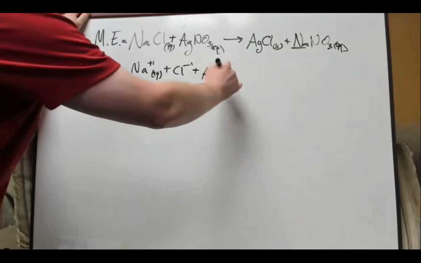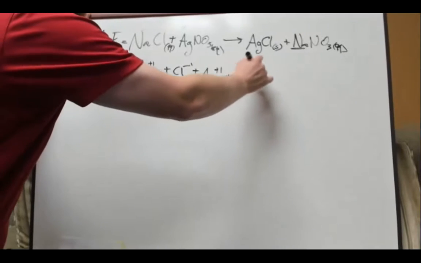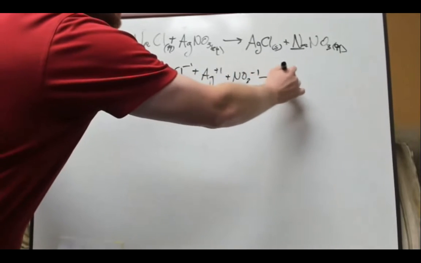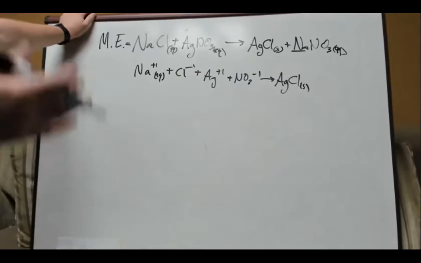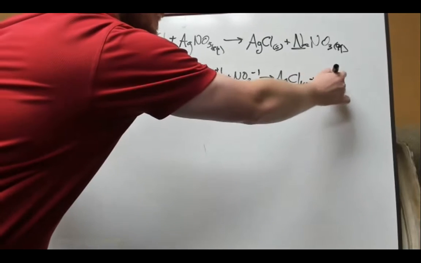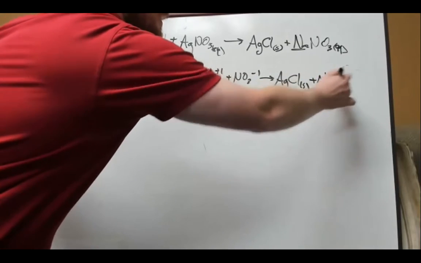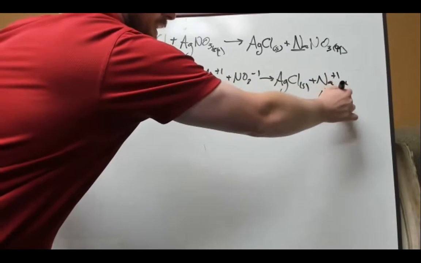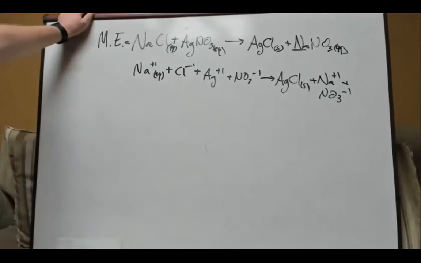Na plus 1, Cl minus 1, Ag plus 1, plus NO3 minus 1. Now, AgCl will not dissociate because it's a solid. It's insoluble, so we leave that together. And I'm going to write NO3 down here just for the sake of room.